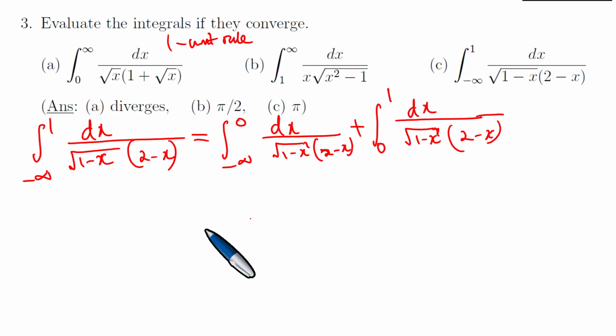Now, what is then the integral here? You need to look at this integral and think, and see what this integral is. Because now you managed to break it into two pieces like this by the 1 unit rule. Because now the problem is at 1, and 1 is the biggest one. You're going to add 1, but you can't add 1 to 1 because it's going to become 2, and 2 now is the upper limit.